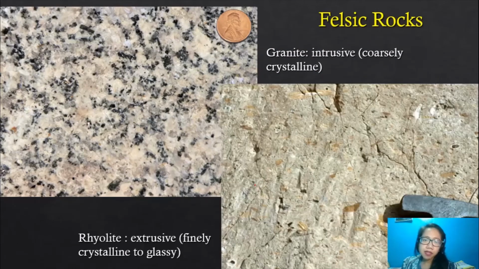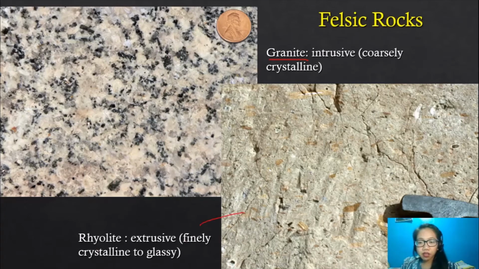Okay, so some example of felsic. So obviously they are very light colored because of the silica and quartz within them. Okay, so the granite is intrusive, and as you can see the texture, it has larger particles within it.